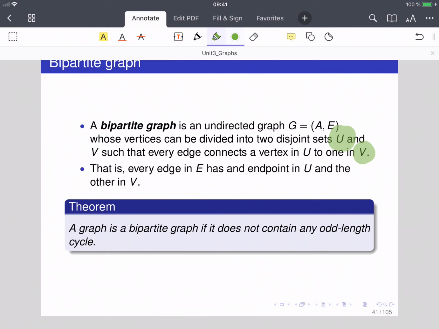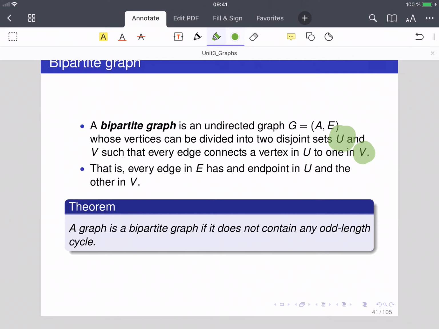But this theorem here gives us a way of checking whether a graph is bipartite or not, without having to resort to enumerating all the different ways in which we can divide the set of vertices into two different parts.